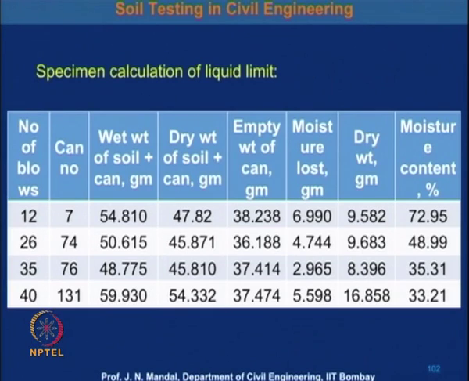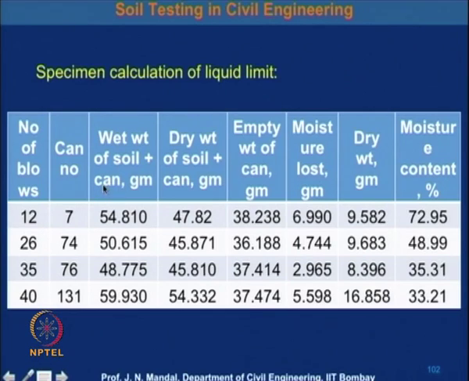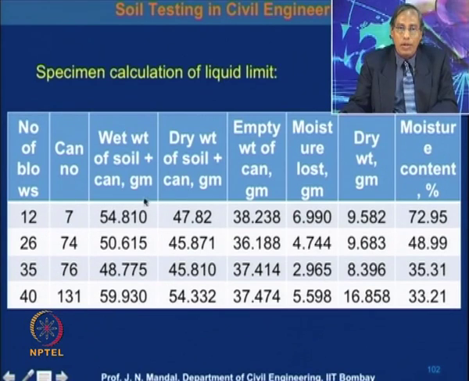Now, here you have been given a specimen calculation for the liquid limit, how to calculate this. So, you have taken different cans, that is number 7, 74, 16, 131. Then you take the weight of the wet soil and the can, and you calculate the weight of the wet soil.